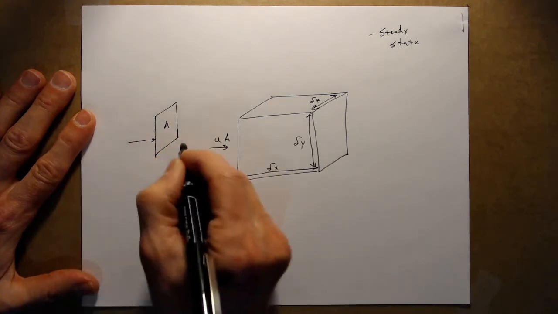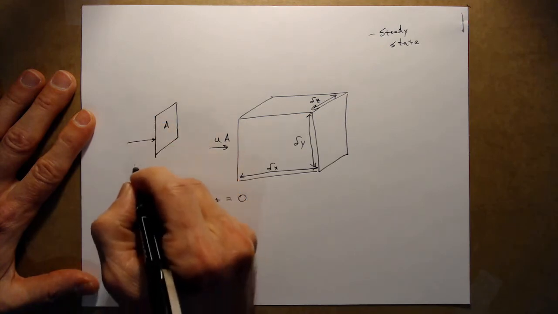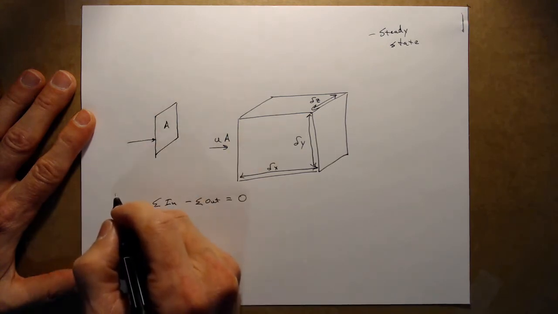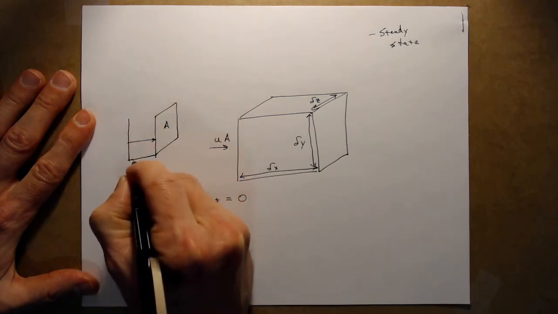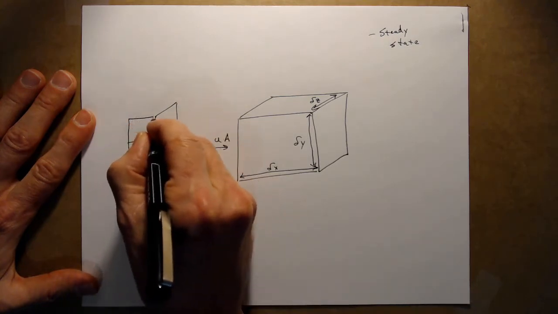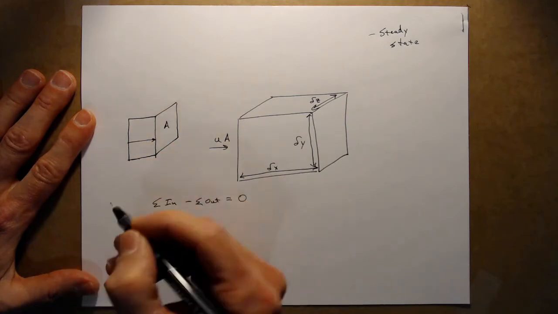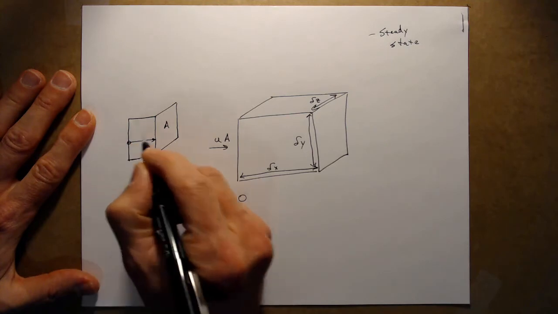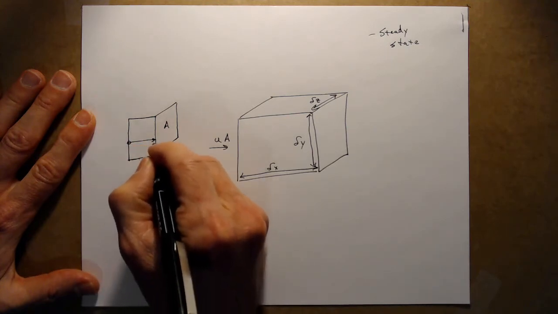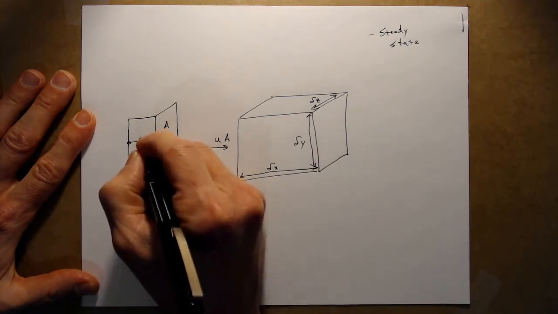Well, that fluid volume that will pass through that area in delta t will be equal to the volume that would be traced out by that surface moving over a length that would be equal to the distance a particle would move from the starting point to the surface in a period of delta t.